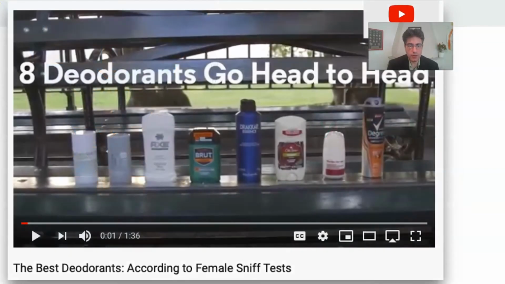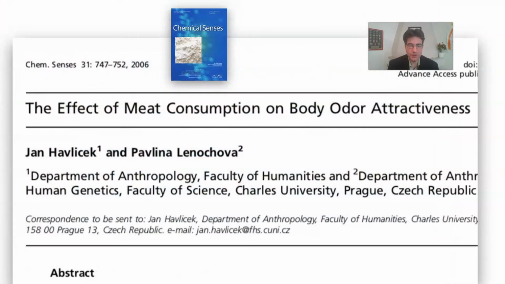And so getting back to our old deodorant sniff test method here, I asked you to look at the introduction of this study here, the effect of meat consumption on body odor attractiveness.